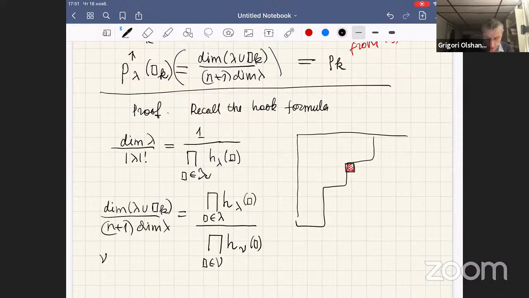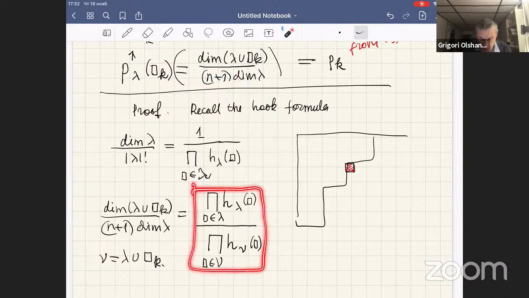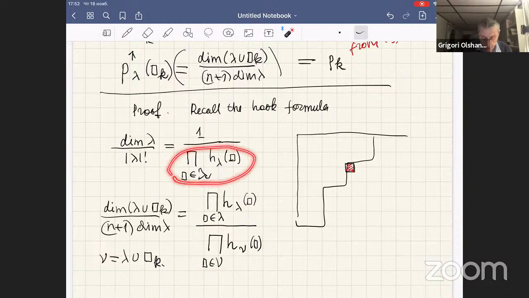In my notation, nu is the bigger diagram. So this factor disappears on the right-hand side because the hook product already corresponds to the normalization of the dimension. So we need to prove this formula.